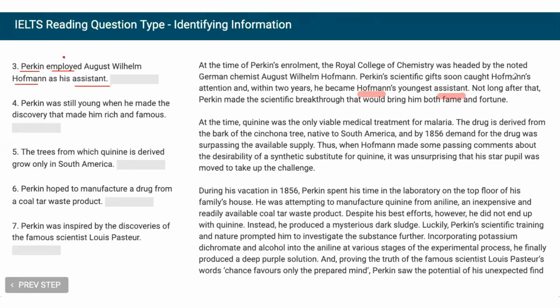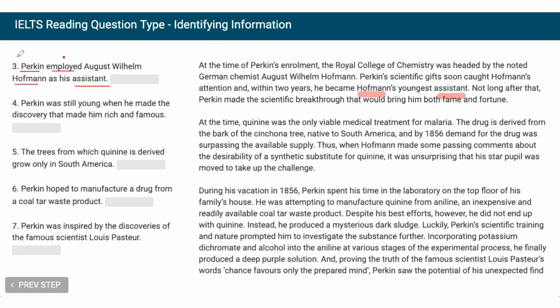Perkin's scientific gifts soon caught Hoffman's attention. Within 2 years, he became Hoffman's youngest assistant. Here's another absolute word. And not long after that, Perkin made the scientific breakthrough that would bring him both fame and fortune. So we see here that Perkin became Hoffman's youngest assistant.